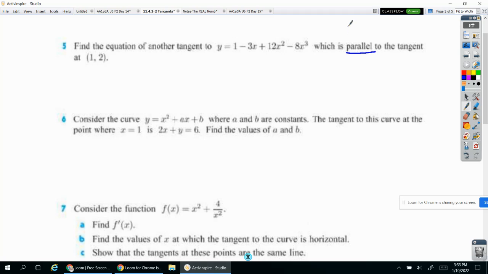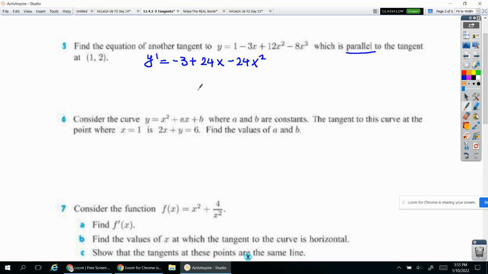Anytime two lines are parallel, that means that their slopes or gradients are the same. So if we're asked to find the gradient, the first thought that comes to mind is take the derivative. So let's do it. y prime equals the derivative of this y, which is going to be just negative 3 plus 24x minus 24x squared.